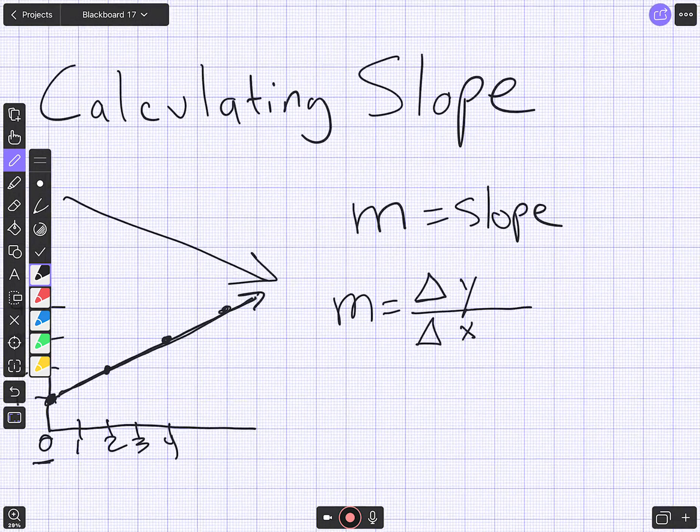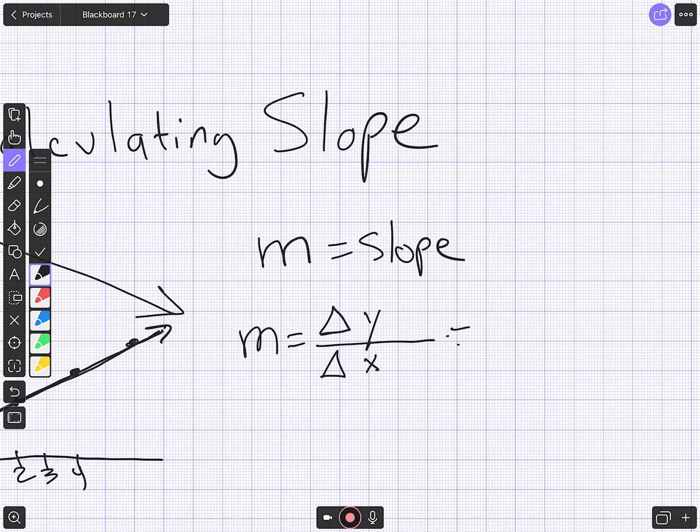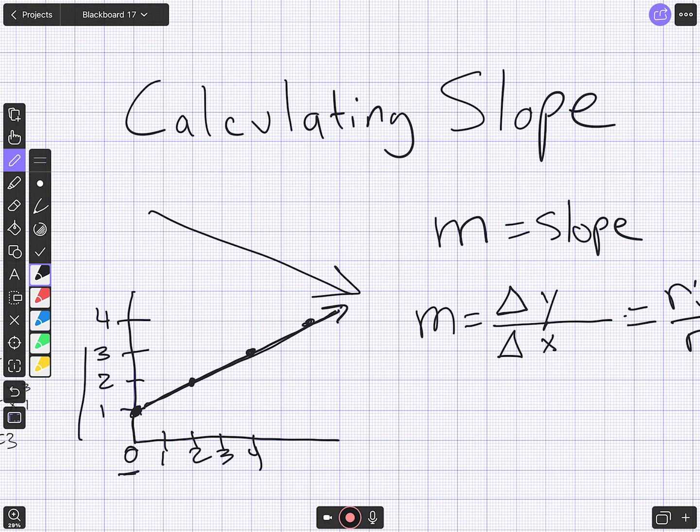Or we can say rise over run. Rise being going up, or in some cases down, over run, going left to right.